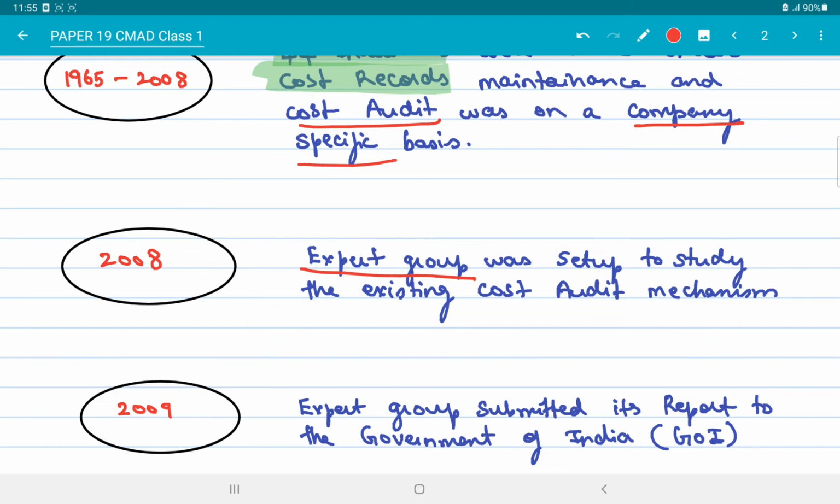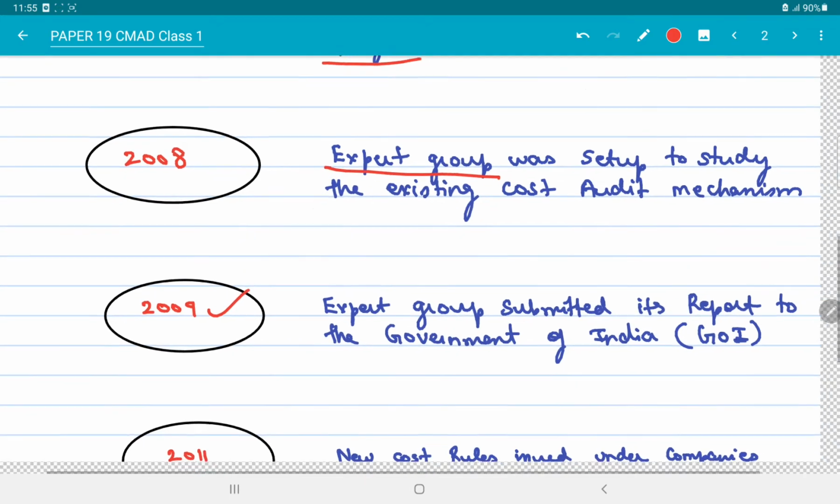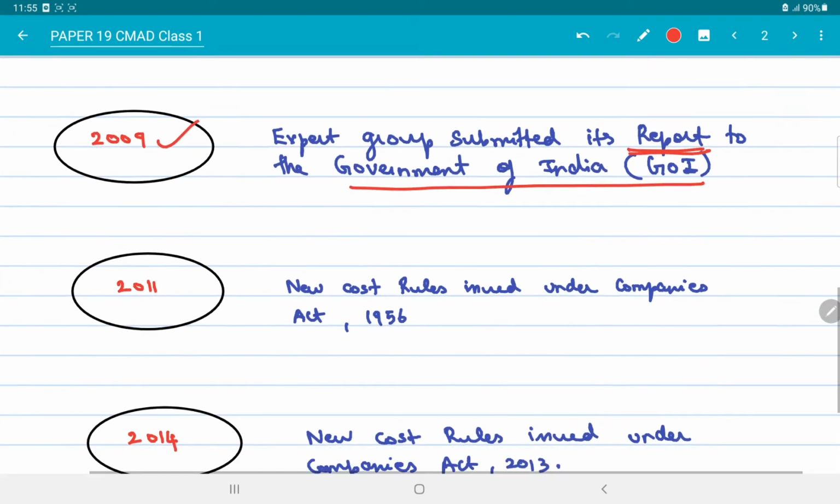In 2009, the expert group submitted its report to Government of India, and in 2011, after checking the report, that became the cost rules, which is our fifth topic in section A, which we are going to see in detail.